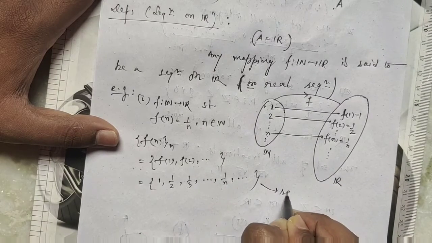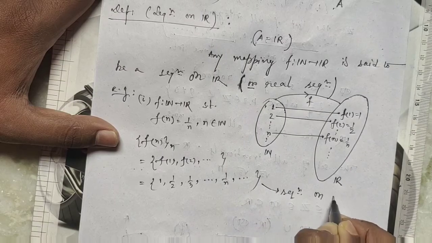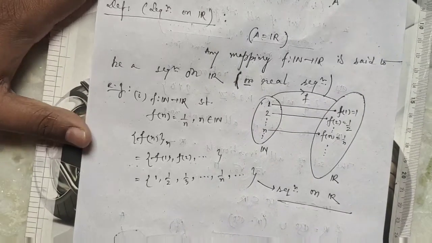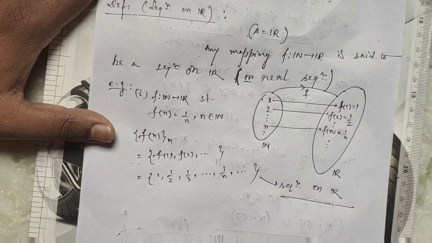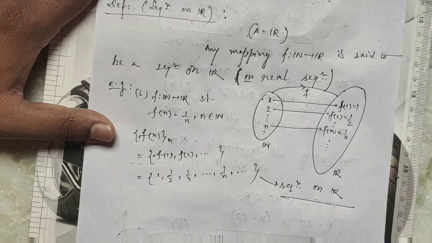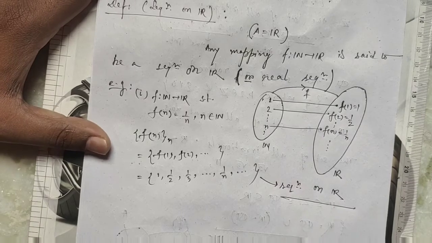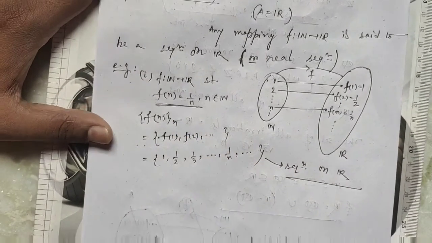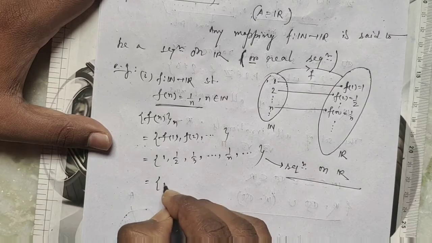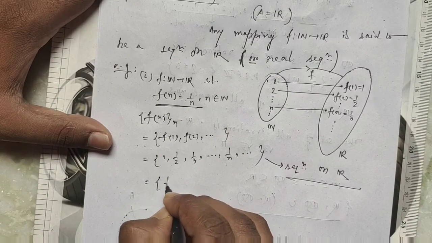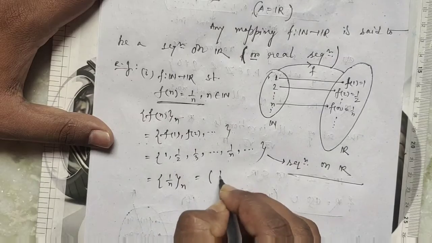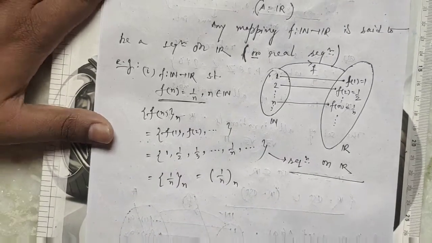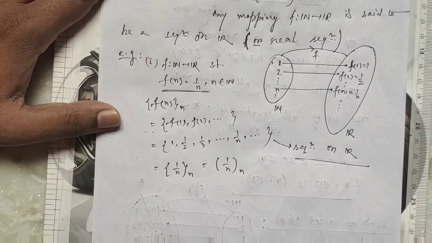This is an example of a sequence on R. So a sequence on R is just a mapping from N to R. This sequence is also denoted by this, or this.